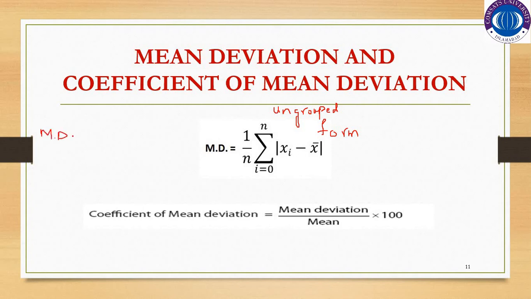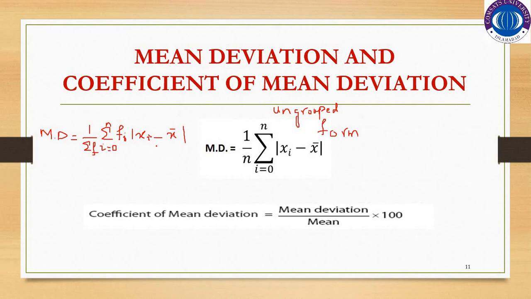M.D., which is representing the mean deviation, equals 1 over, as there is 1 over n in the ungrouped data, so in the grouped data this would be 1 over summation f, and summation i equal to 0 to n, and f of i, which is obviously the frequency, absolute value, or you can say mod of xi minus x bar.